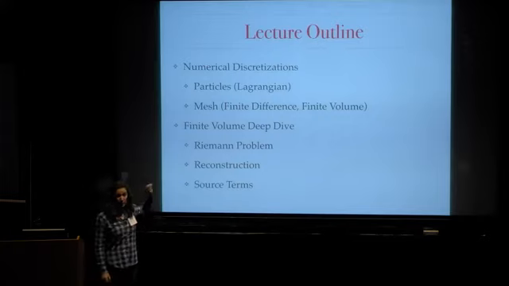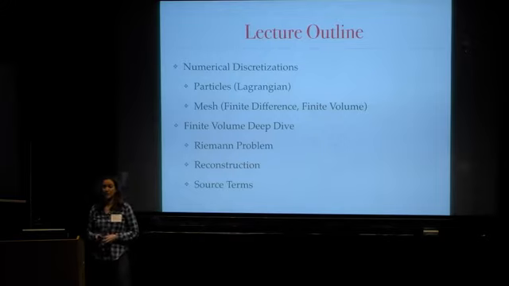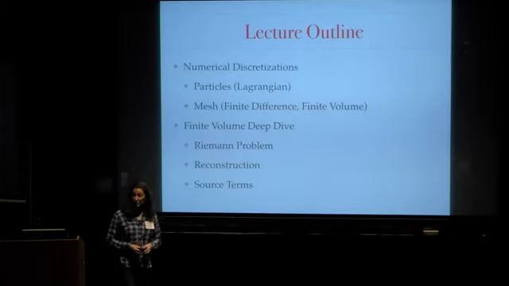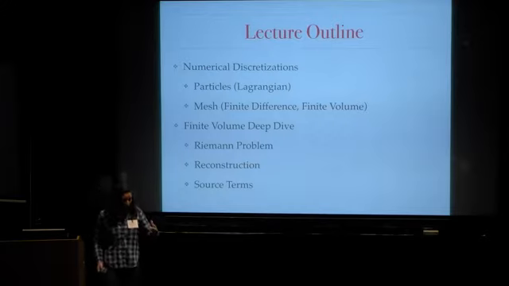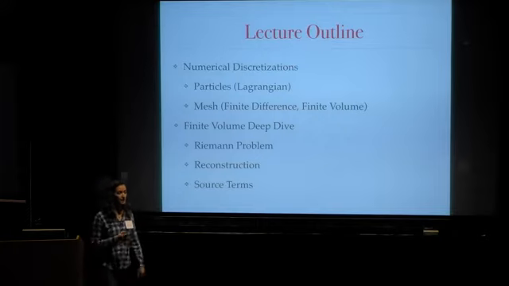I'm going to spend more time by far on finite volume because this has traditionally been the best method for capturing shocks, and those are an important feature, as we've already talked about, in many astrophysical flows. Finite volume methods also couple really nicely to MHD, so that's made them very popular if you want to study MHD turbulence or accretion disks, et cetera.